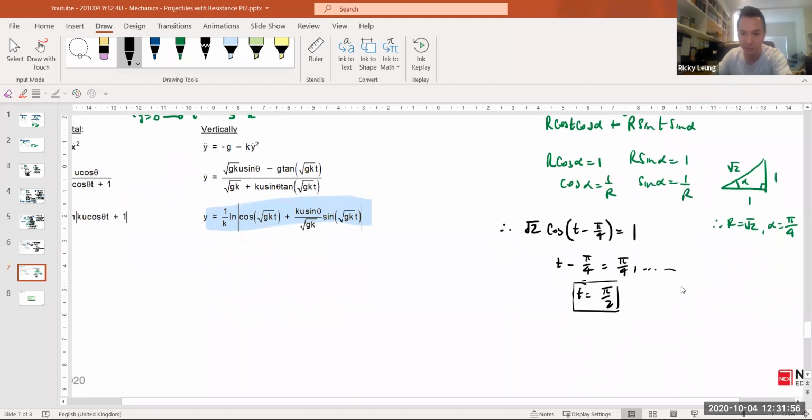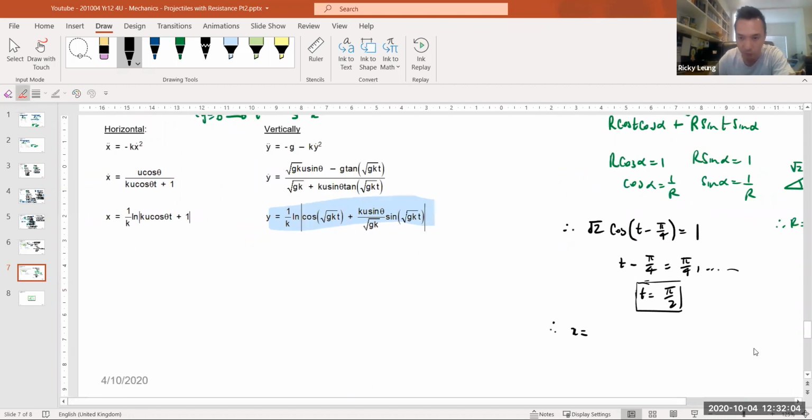So do I have much space? Yes. Therefore, x equals, what's my formula for x? It's not too bad. So 1 on 0.1 ln of k times 20 times sine 30 degrees times pi on 2 plus 1.